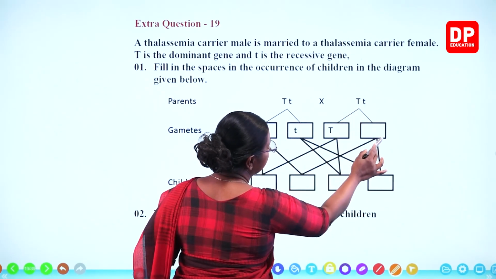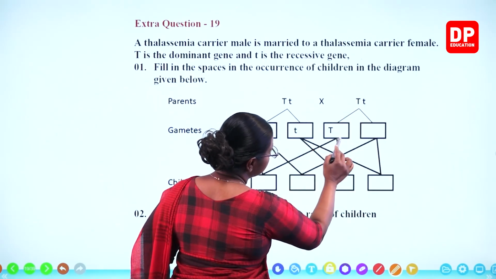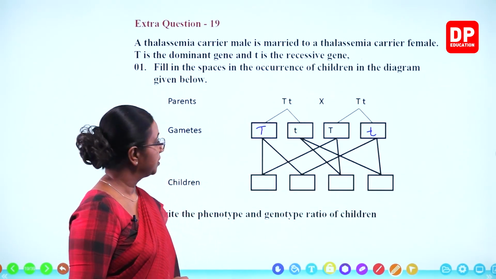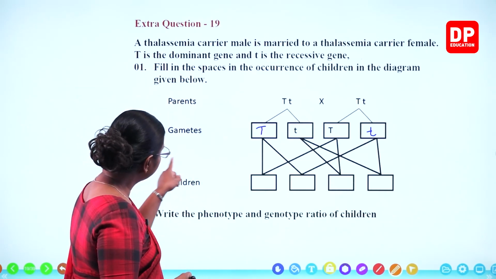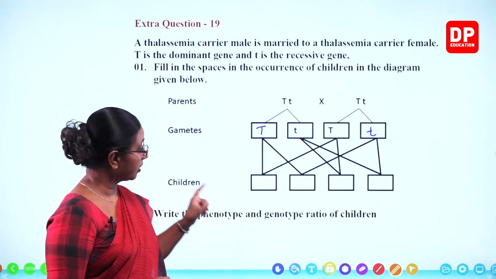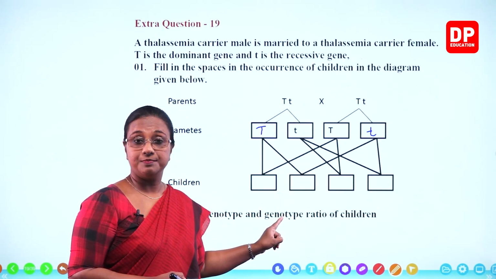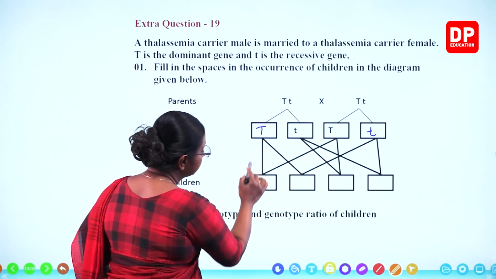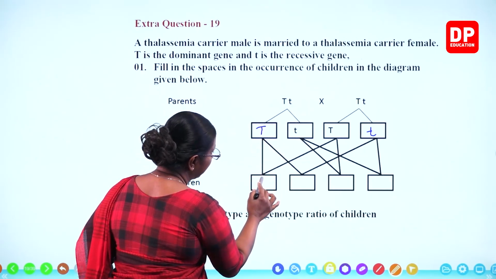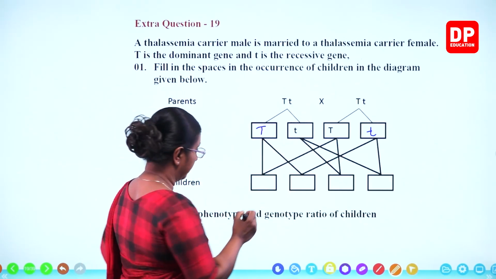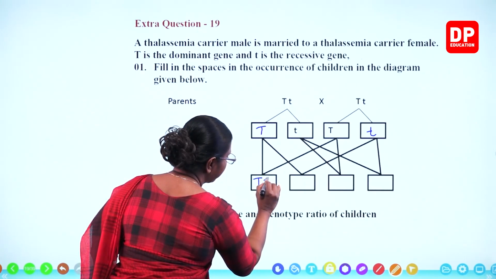So capital T and simple T. Capital T is given. So we need to write simple T there. Those are the gametes. So for the formation of children, the gametes have to combine. So here you can see this box, the gamete capital T and the capital T from the other parent. So here it's going to be capital T.